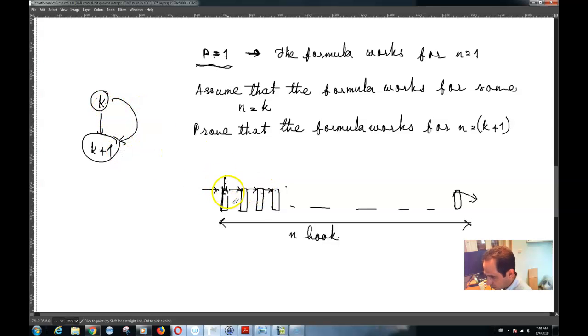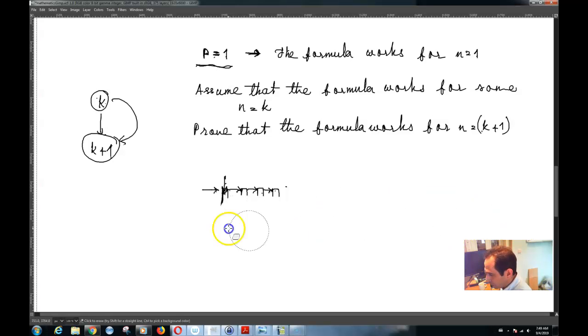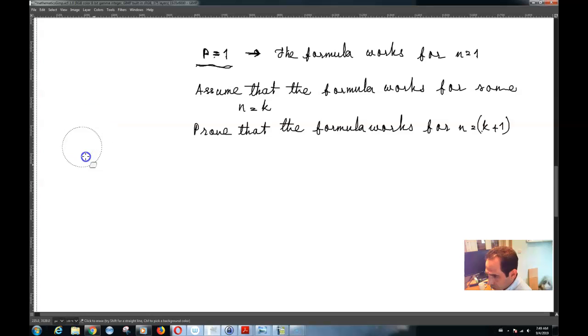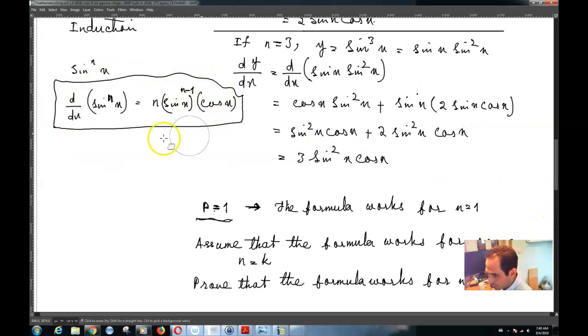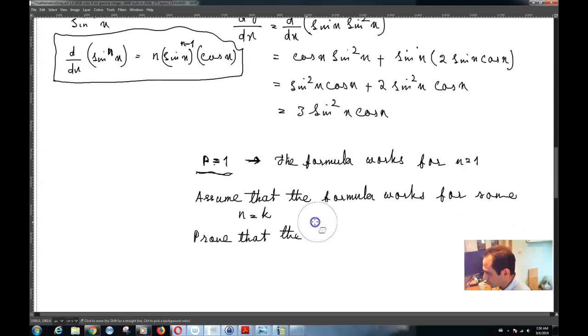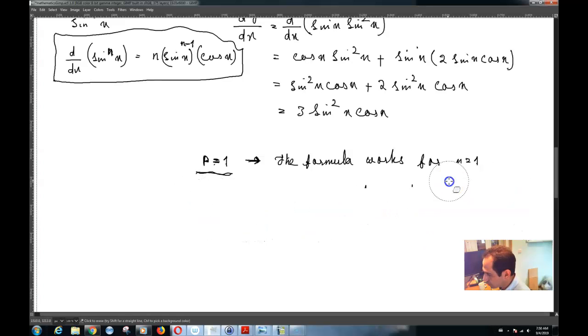And that means that all of these books are eventually going to fall down, and the last book is going to fall down. That's called the method of mathematical induction. So now we can do the same thing for this formula to check whether it's actually going to work for all, for example, integers. If you take n as integers, for example, for all positive integers, you could say.